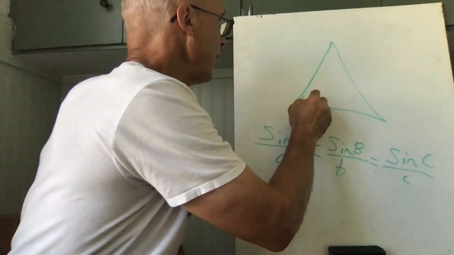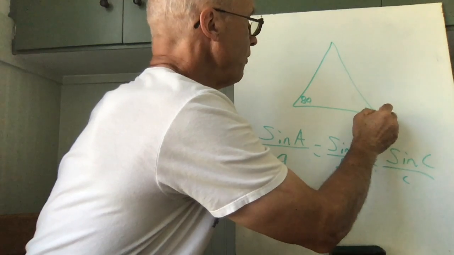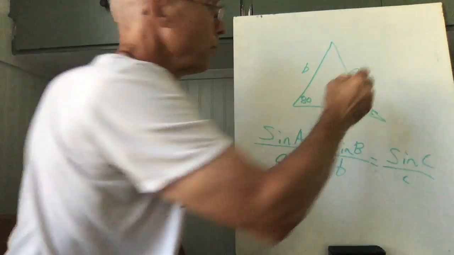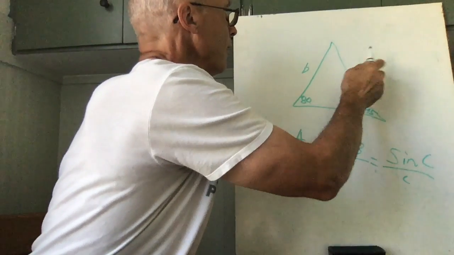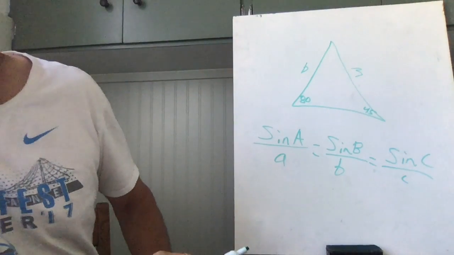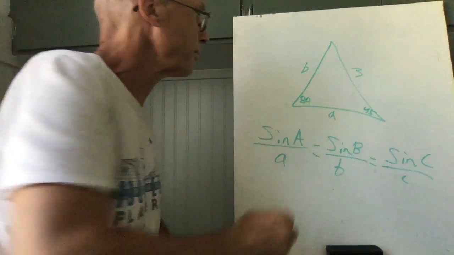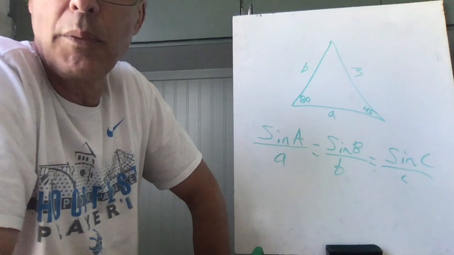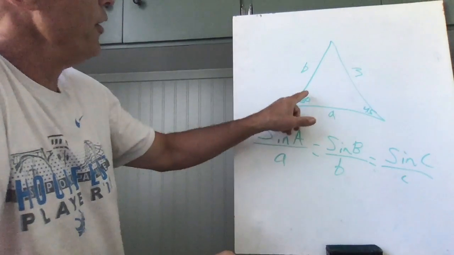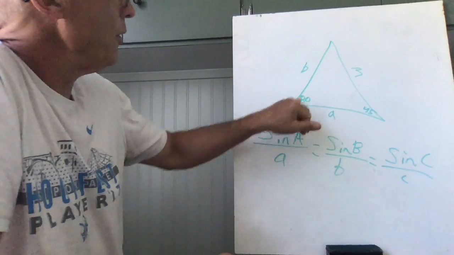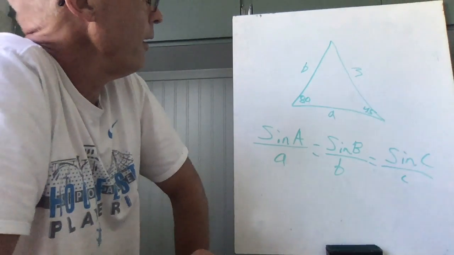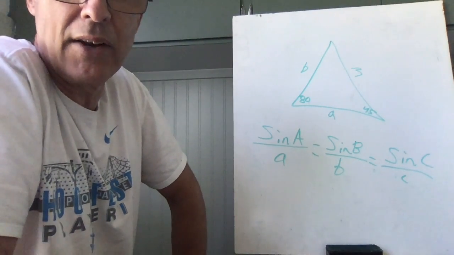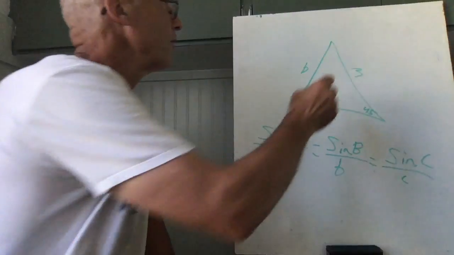It's got 80, 45, and then it's got b equals 3, not c, and a here. So let's work on figuring out what we need to know here. We first need to know this angle, right? Well, you know 80 plus 45 is 125, and 180 is going to be the total of all three angles. So 180 minus 125, last time I checked, is 55.